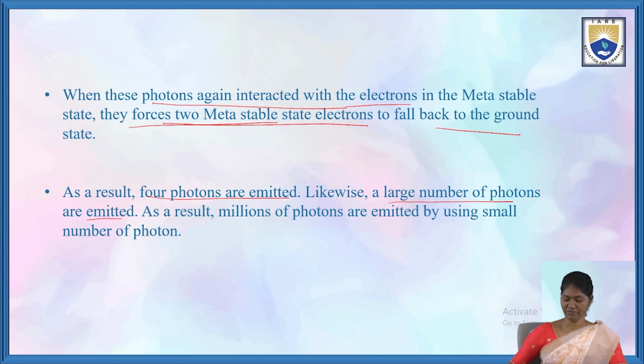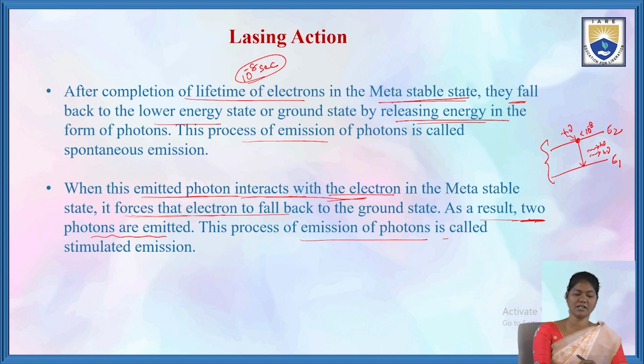In the first case, in spontaneous emission, after the lifetime of an electron in the higher energy state, it spontaneously transits to the lower energy level by releasing a photon.